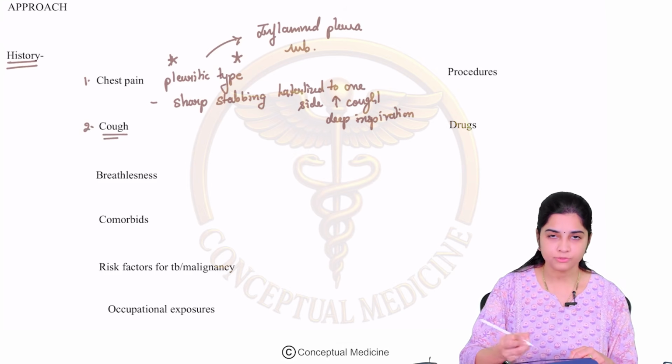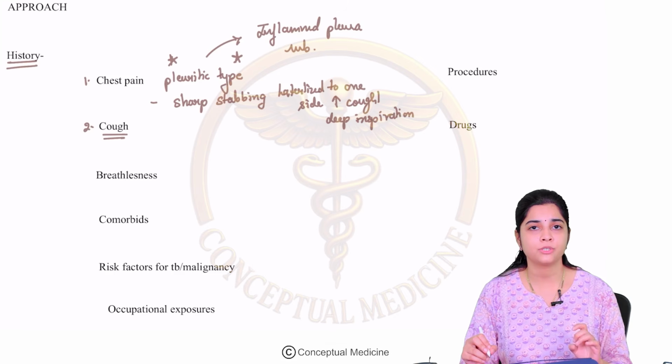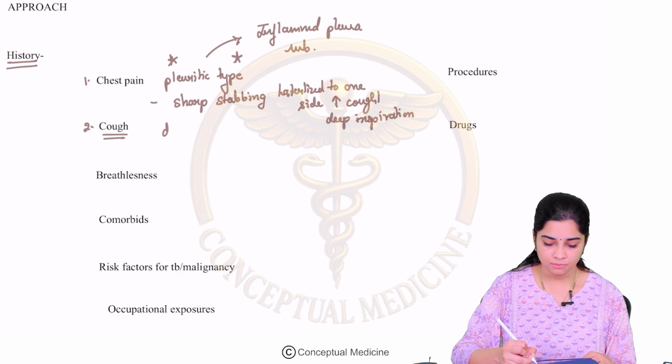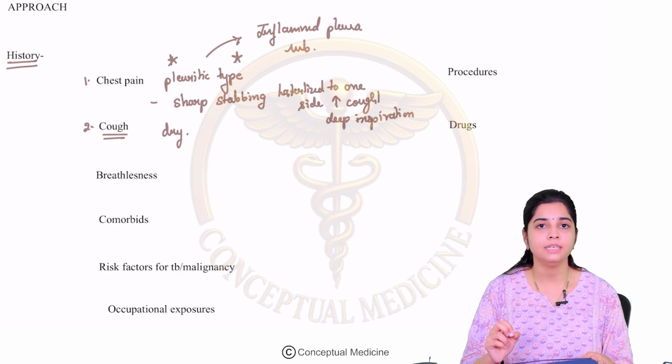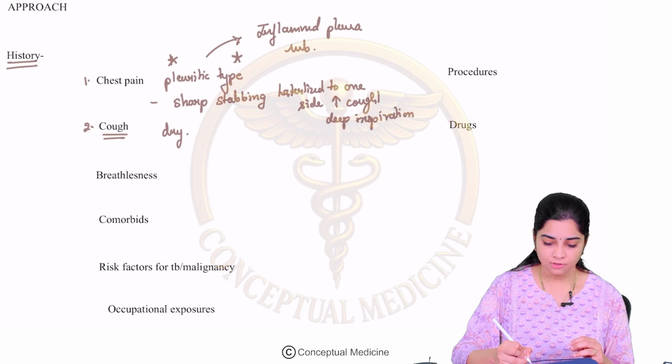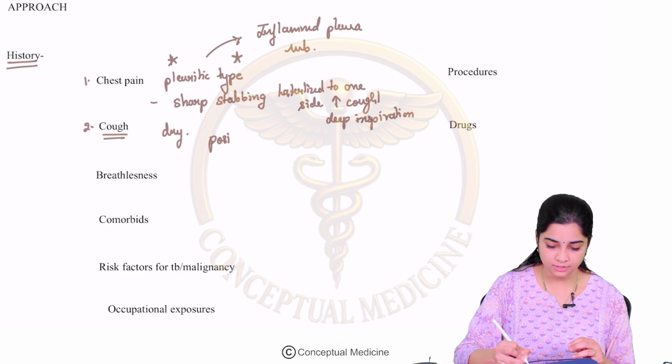Second, you can have cough. What are the characteristic features of the cough in a pleural effusion? Most often it is a dry cough, and this cough shows the presence of positional variations.